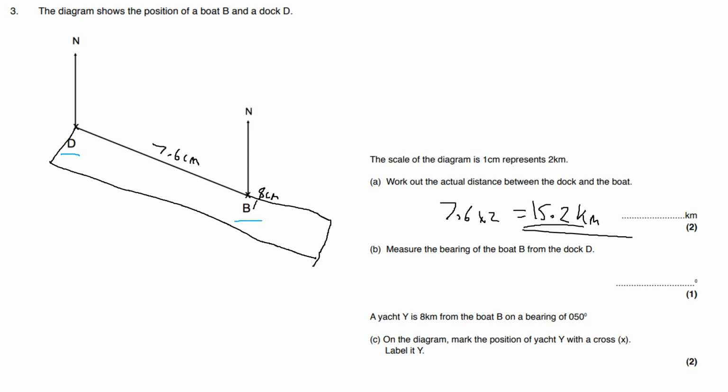So what is the bearing of the boat B from D? Well, if you guys remember, it's from D, so we measure it at D. Here is our north line. We put the angle like so.